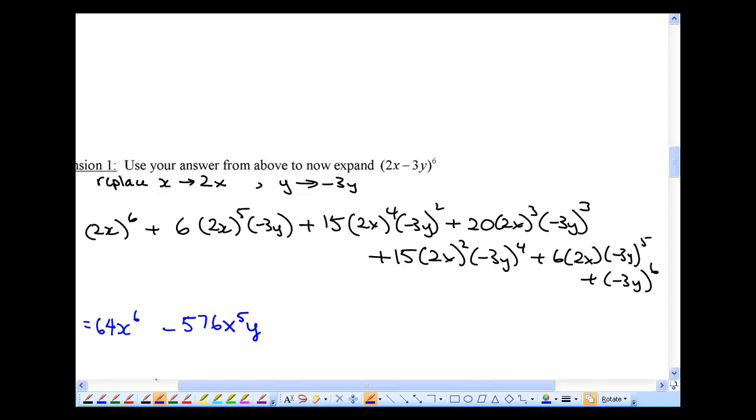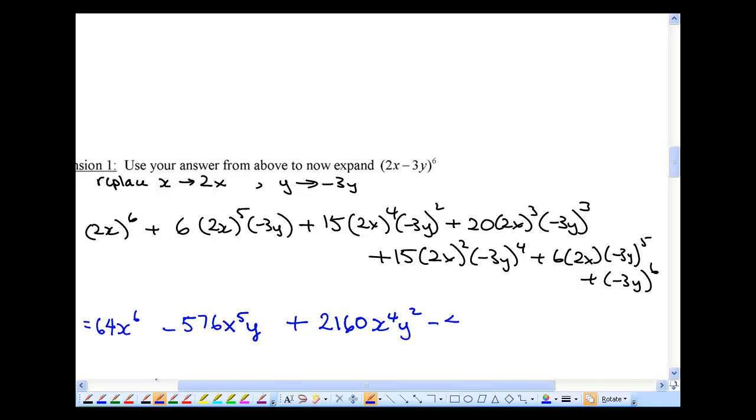Okay. The next part, we'll expand out. 15 times 2 to the power 4, that's 15 times 16 times negative 3 squared, which is 9. That's 2,160. X to the power 4, y squared. 20 times 2 cubed, that's 8. 20 times 8, 160 times negative 3 to the power 3, that's 27.